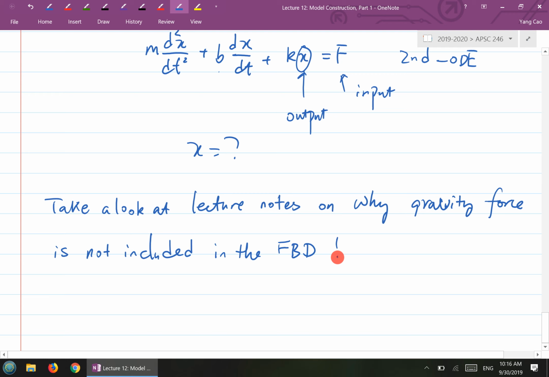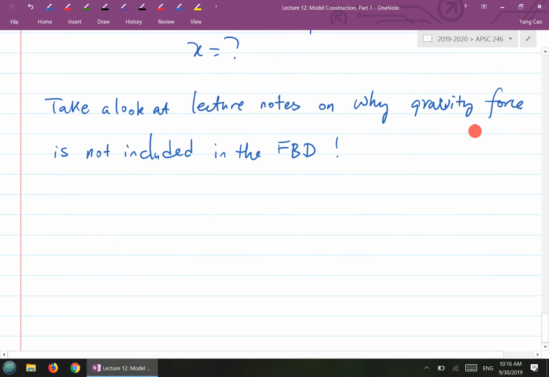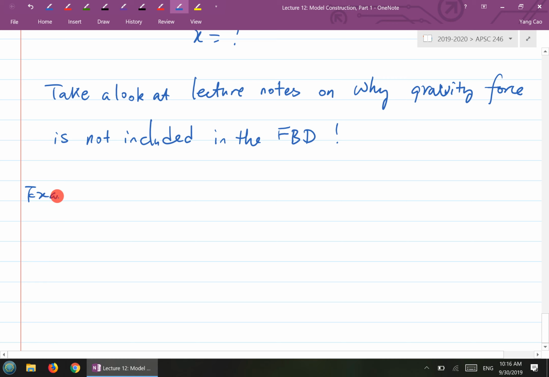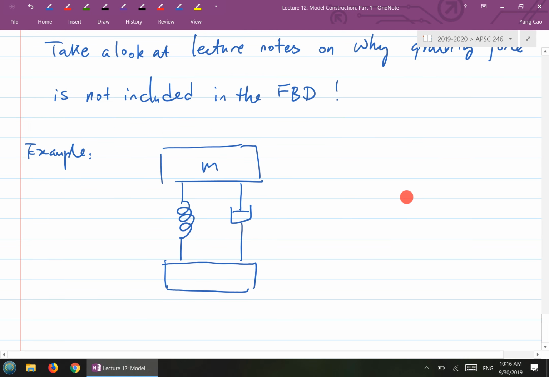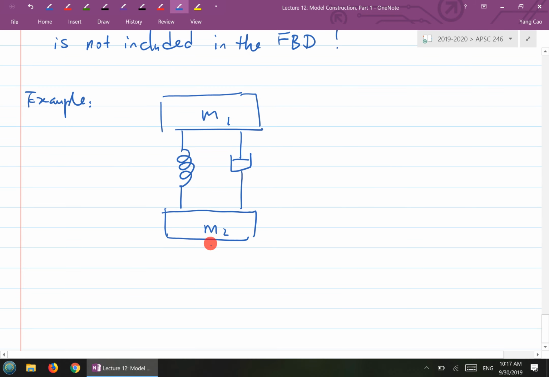Okay, so this is a simple case study, right? So I'll show you a little more complicated case. We might not be able to finish this, but let's just draw it down first. This is a mass spring damper system again, but involving two masses.